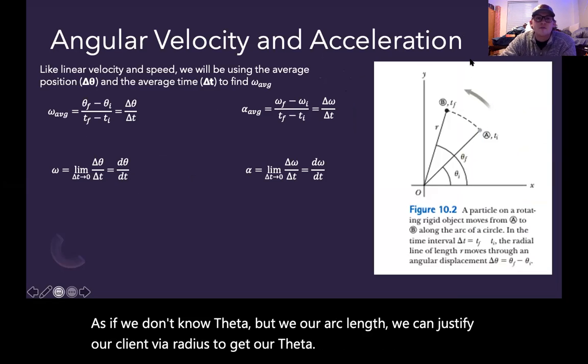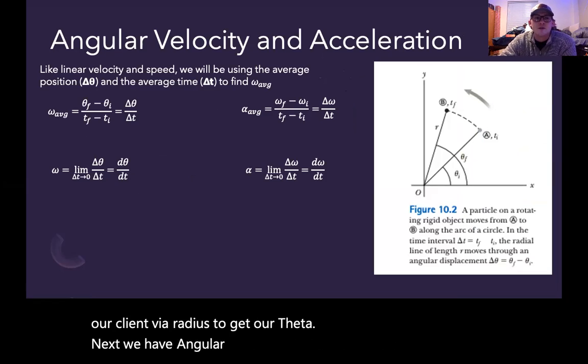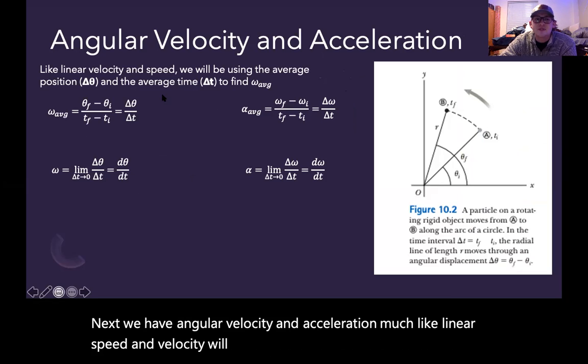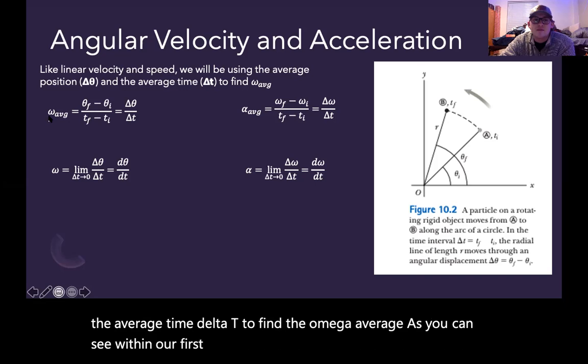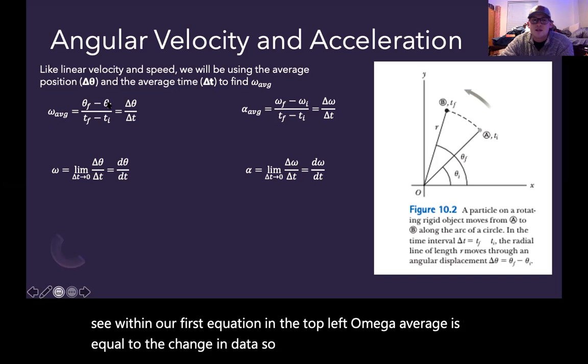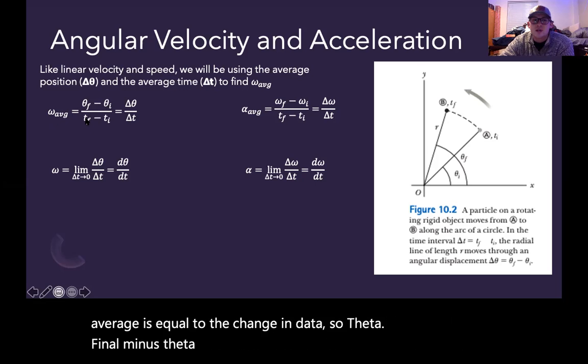Next, we have angular velocity and acceleration. Much like linear speed and velocity, we use the change in position, delta theta, and the change in time, delta t, to find omega average. As you can see in our first equation in the top left, omega average is equal to theta final minus theta initial over time final minus time initial, so delta theta over delta t.